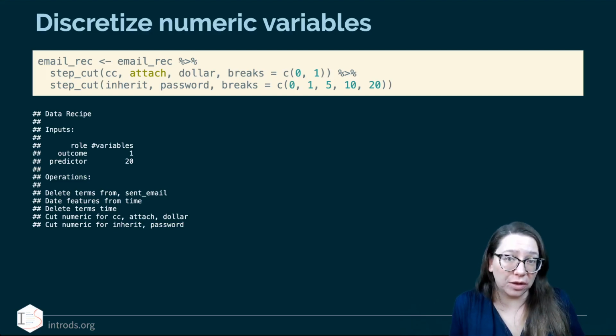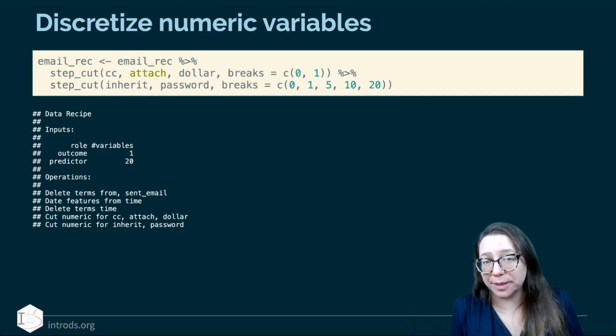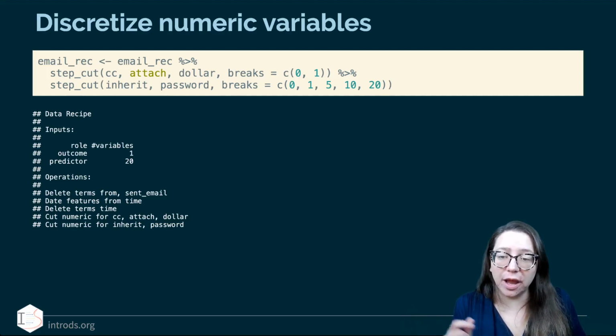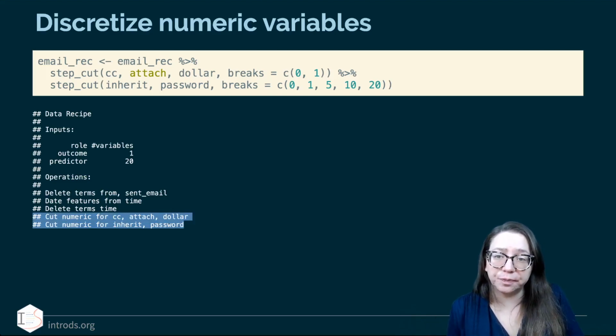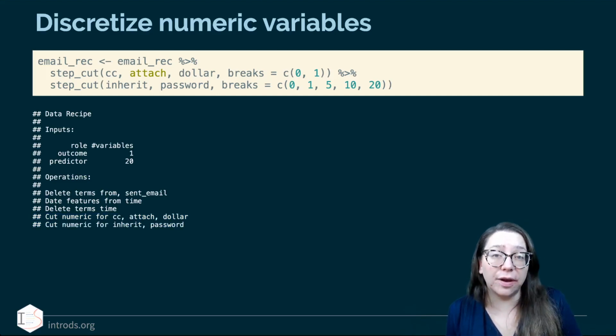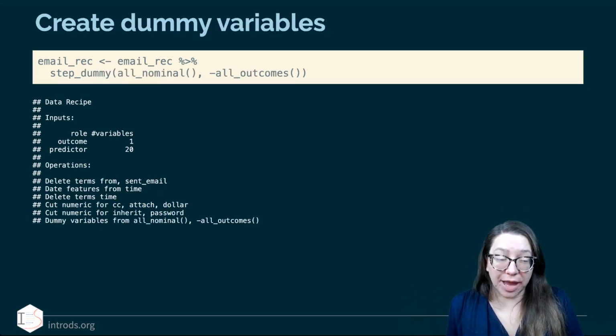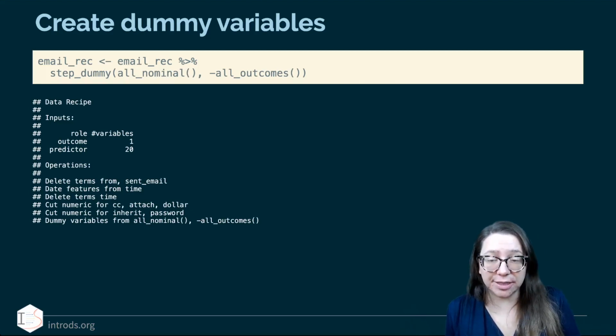We do know how to create all of these transformed variables, but with the recipe steps, we're transforming them in a way that can be easily captured as part of our modeling workflow. So these two steps translate to cutting these numeric variables at the particular breaks that we identified. And then for all of our categorical variables, we want to create dummy variables.